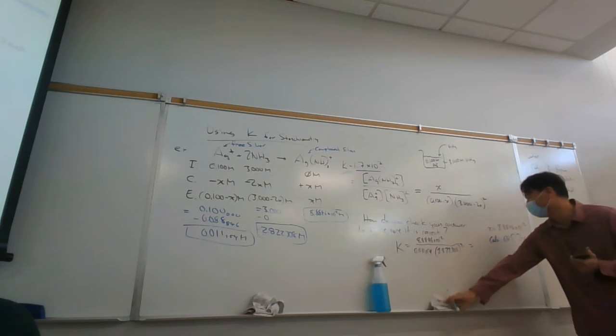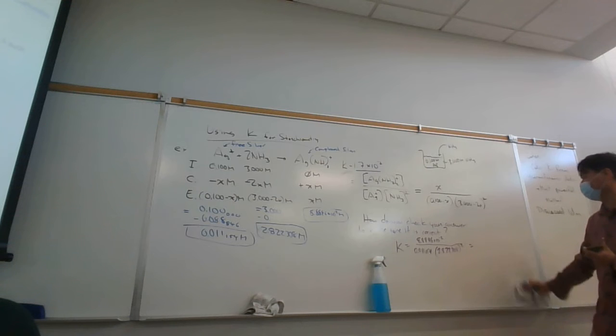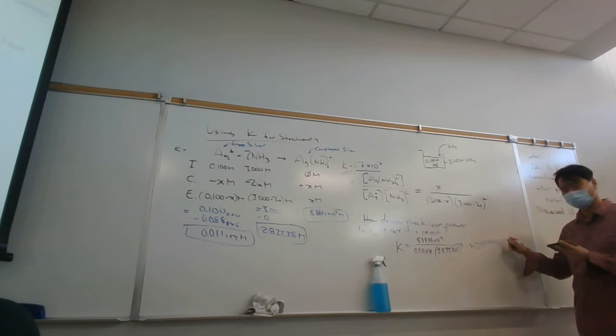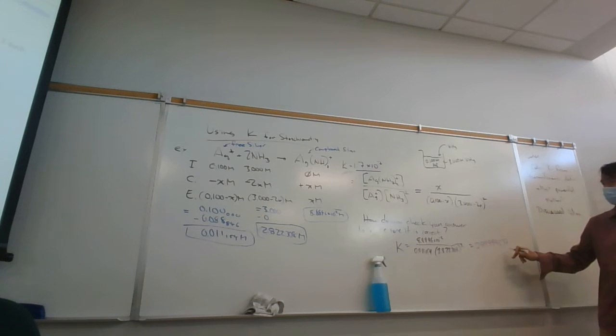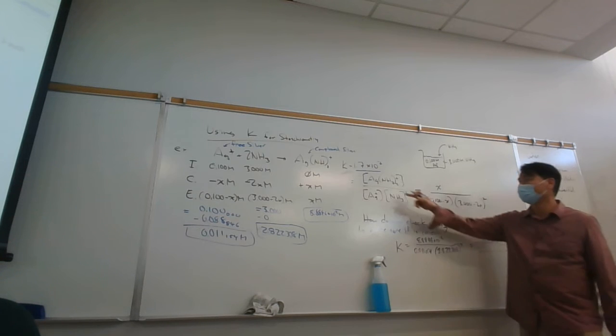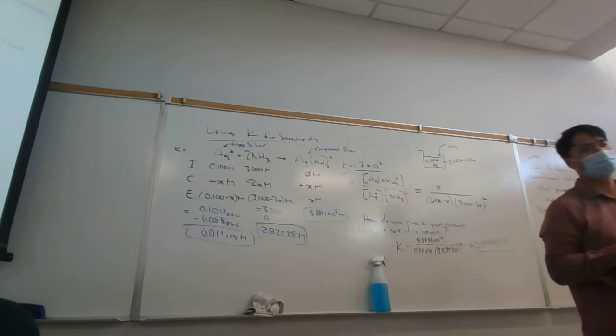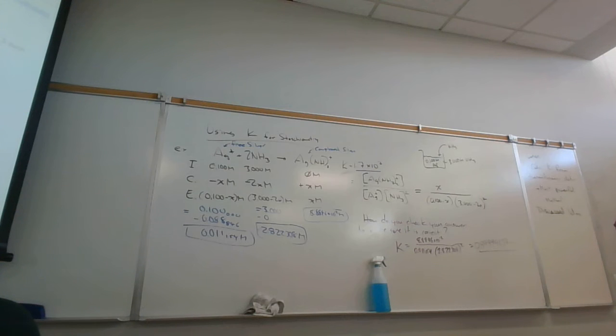So I end up getting 0.9959999637. Okay, what is it supposed to be? Well, it's supposed to be 1.7 times 10 to the 7th. So that's off, unfortunately.